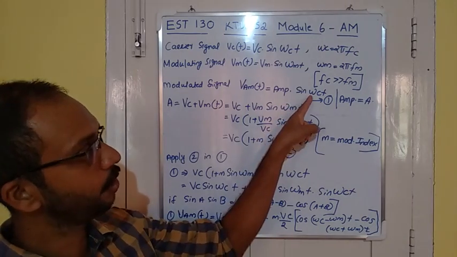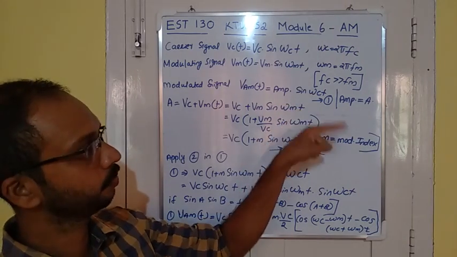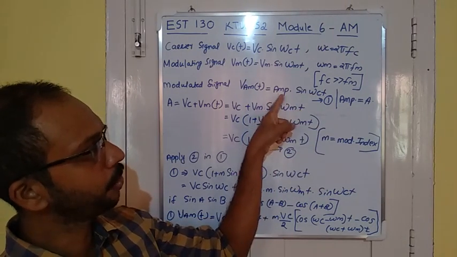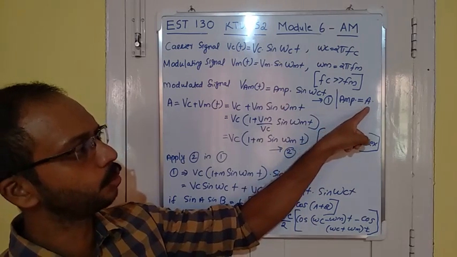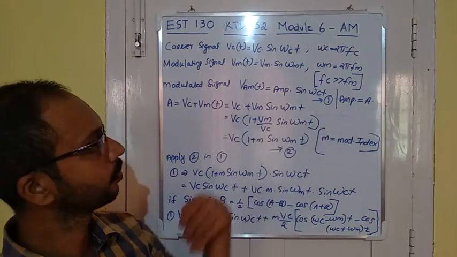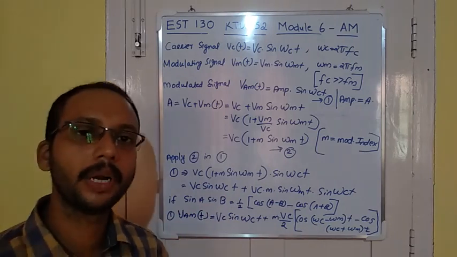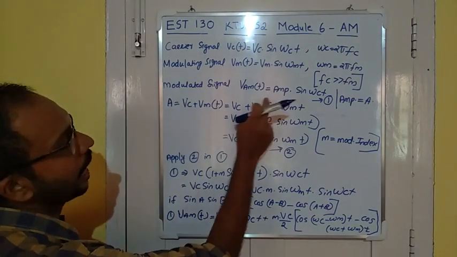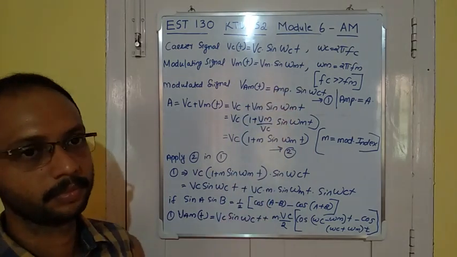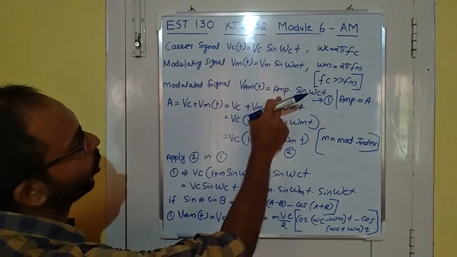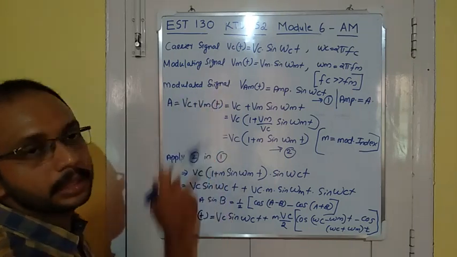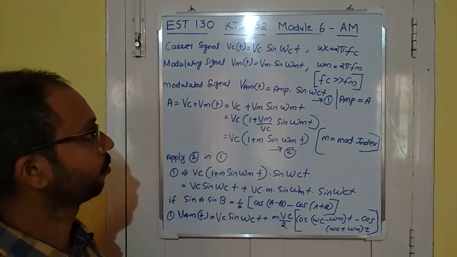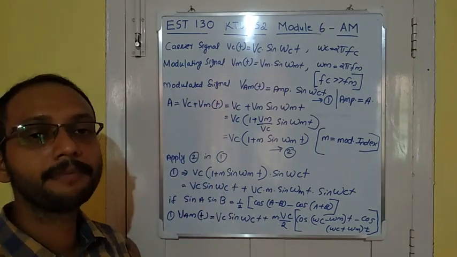So this is sin omega ct, and this amplitude is equal to a letter A. So we need to find out this A. So A is the amplitude of the AM wave.